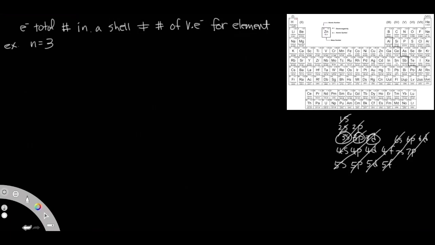We've established already if n is equal to 3, we're going to have 18 electrons. If there is a total of 18 electrons, this does not equal the amount of valence electrons for a particular element within that period, because there are only 8 valence electrons for that element.